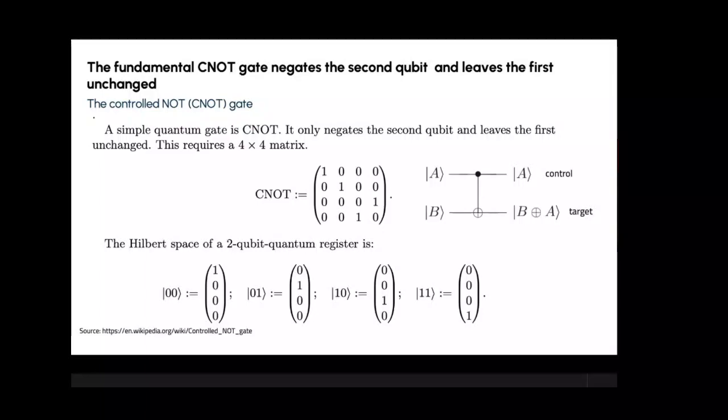But 2 bits like this: the 0, 0 bit is, of course, (1, 0, 1, 0), and the 0, 1 bit is (1, 0, 0, 1), and the 1, 1 bit is (0, 1, 0, 1), and so on. So the 2-bit register is represented by 4 entries.